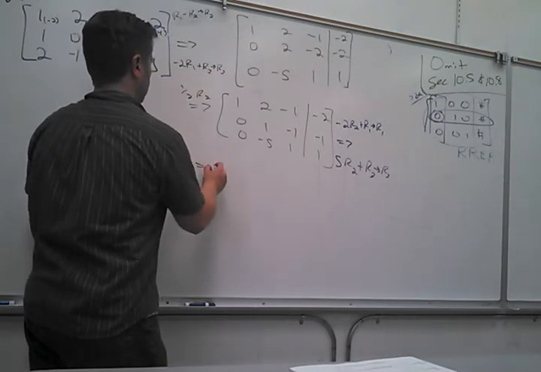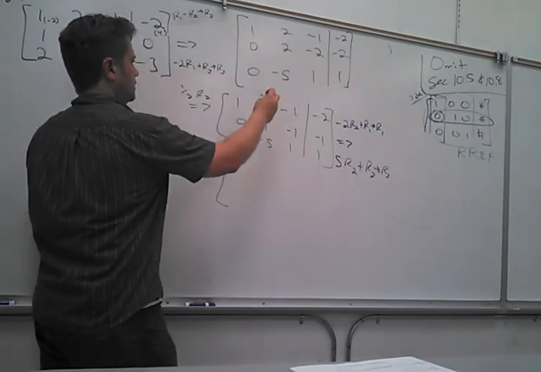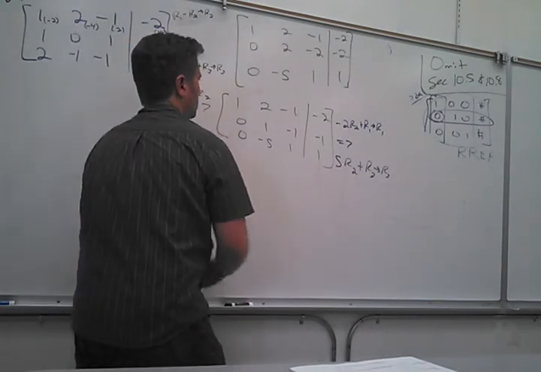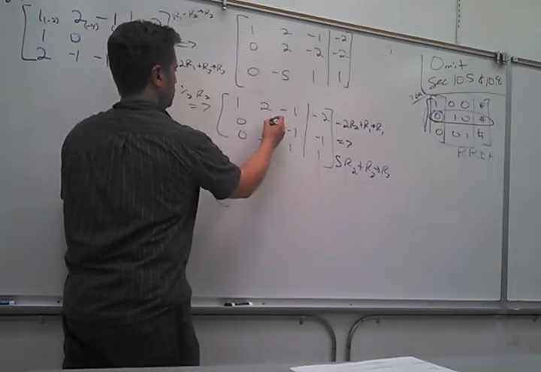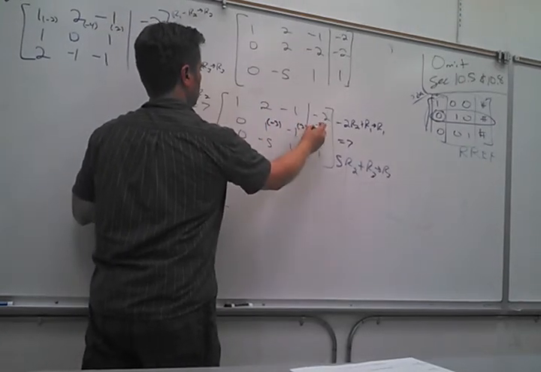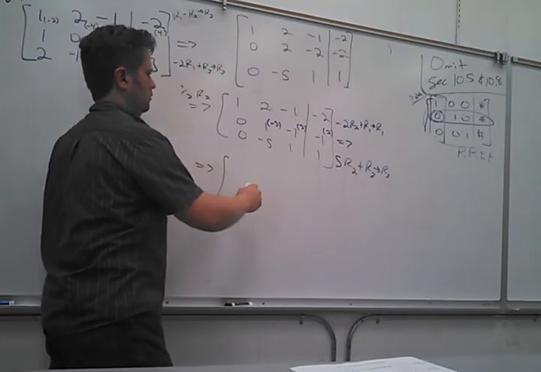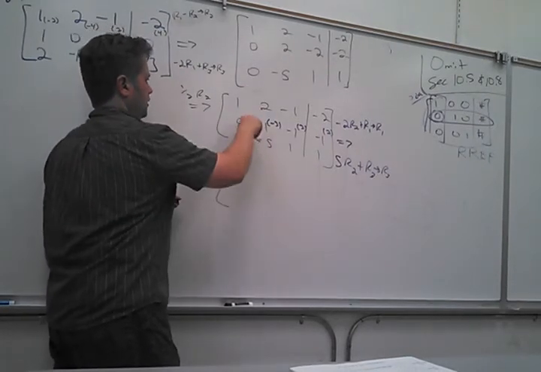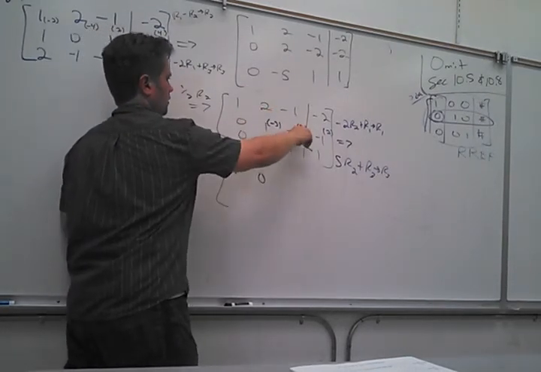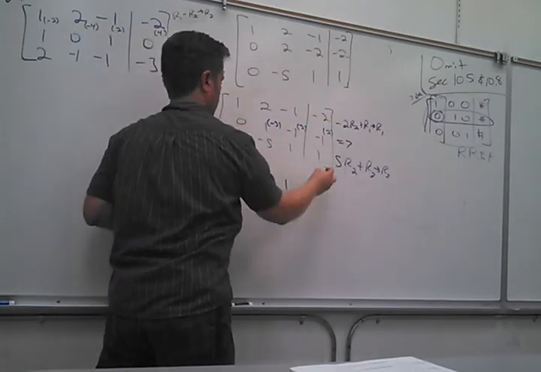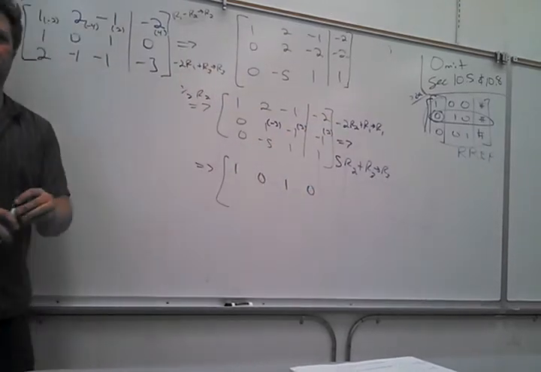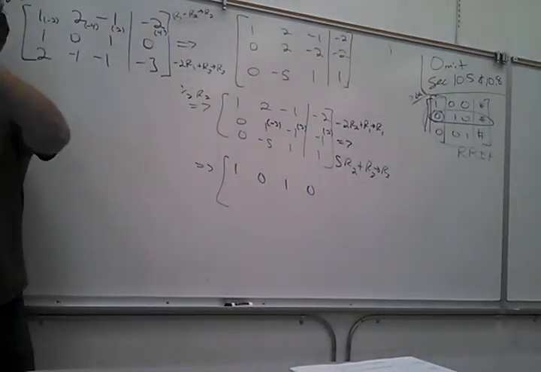So then we get, let's see, here's my -2 row 2, so it's -2, 2, 2. 1, 0, 1, 0. Yeah, that sounds familiar. We basically recaptured that.